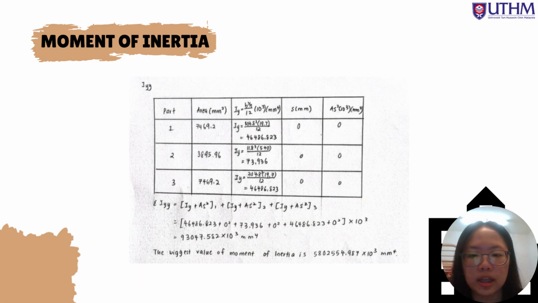And the total IYY we get is 93047.582 times 10 to the power of 3 mm4. And here we will take the biggest value of moment of inertia, which is 5802,554.987 times 10 to the power of 3 mm4.